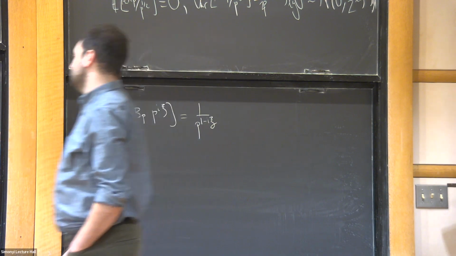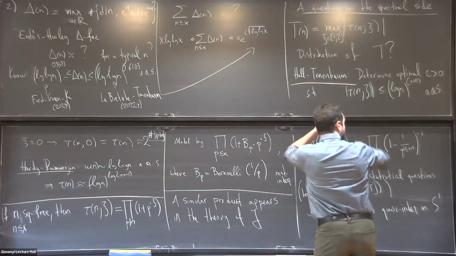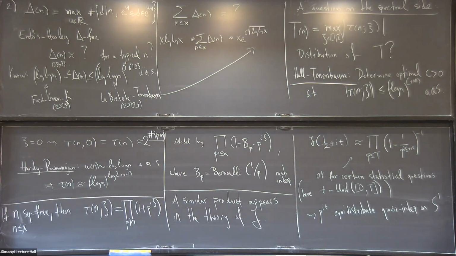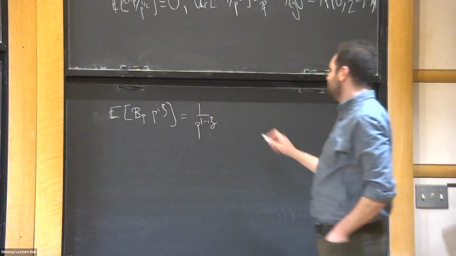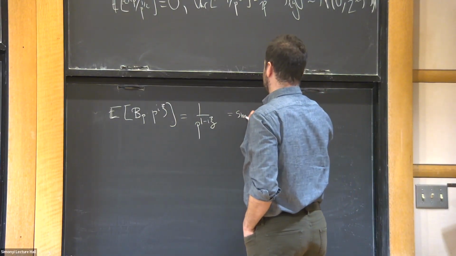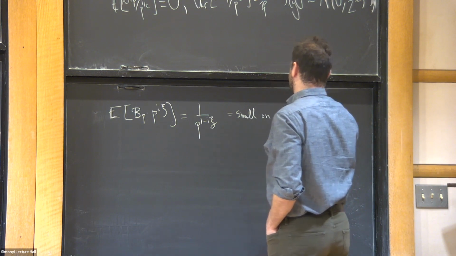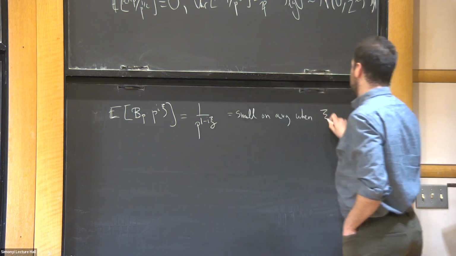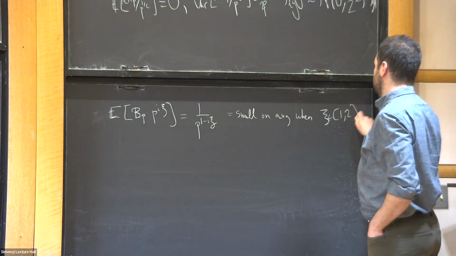If my it is in this regime, because this p to the it spins around, this is small on average when c is 1/2, in between 1 and 2, let's say.